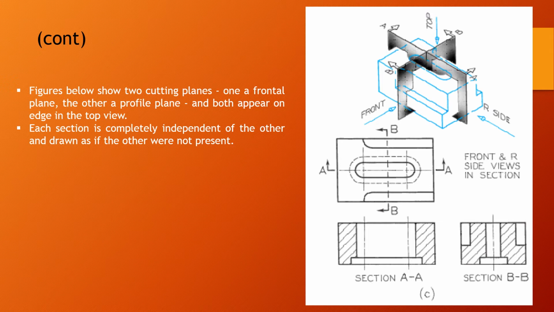The sectioning is the front and the right side view in section. The front is this side, the right side is this one. We have to look in the direction the arrow shows, according to the figure, and the remaining one is in this direction.